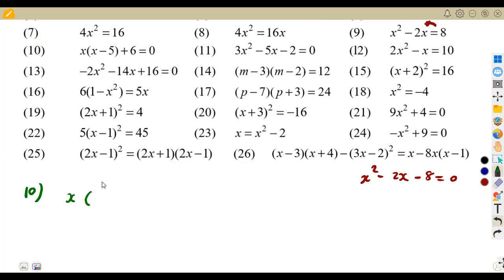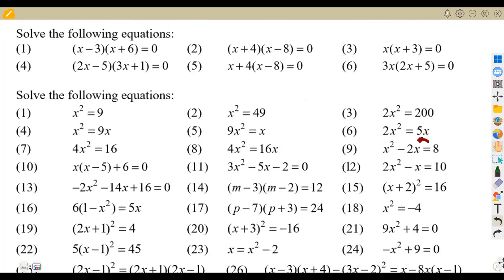So this is x on number 10 into x minus 5 plus 6 is equal to 0. Remember, we had this type of question before, which was similar to this, if you still remember, something that we had on number 5 here. And I said, because of this addition, we cannot use the 0 concept to say one of these is equal to 0, because you are adding.